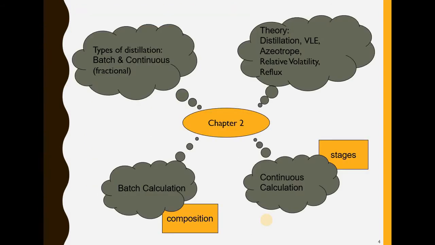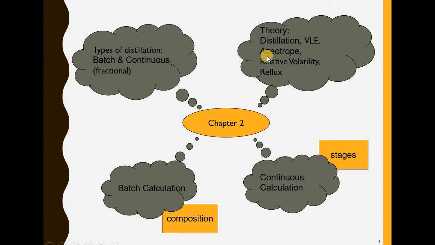Let's see, this is chapter 2 as a whole. In chapter 2 we have 2 types of distillation, which are batch and continuous distillation, and we will learn some of the theories on distillation and vapor liquid equilibrium, VLE.